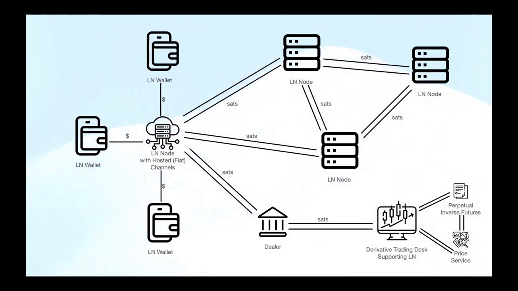Doing so, inverse futures allow the settlement to be denominated in the commodity unit of account, which in our case is Bitcoin. This kind of perpetual inverse futures allows the dealer to execute the hedging of the user position.